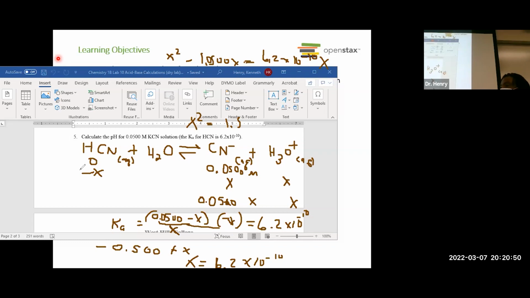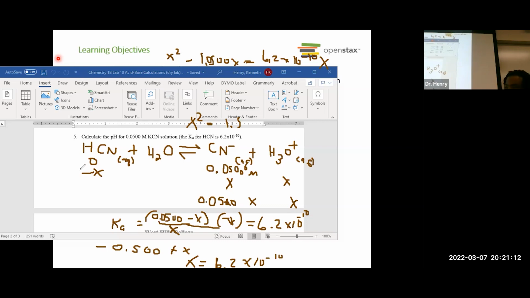Let me get back to you on this one, because there's something I'm doing wrong. I can't remember what it is. So I'll get back to you on it. Because that value we're getting, it's going to be a very small value, but it shouldn't be 0. Yeah, we should get a value.